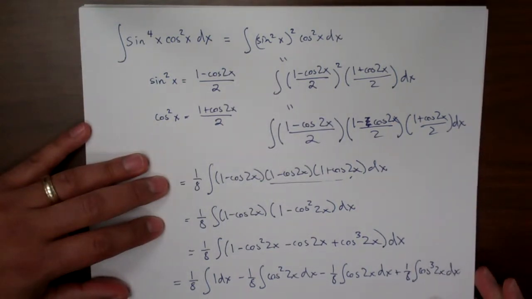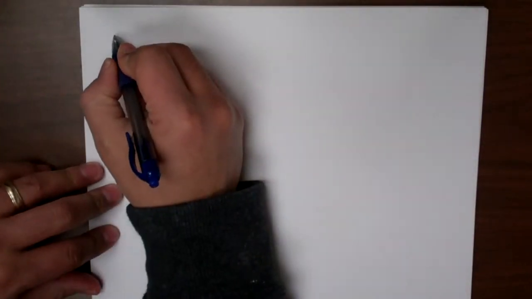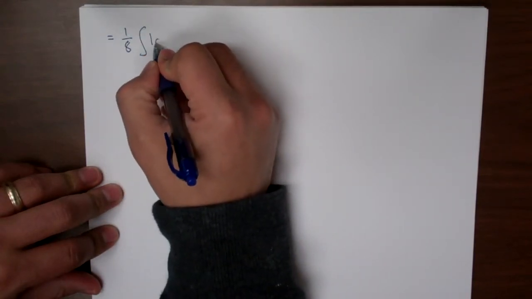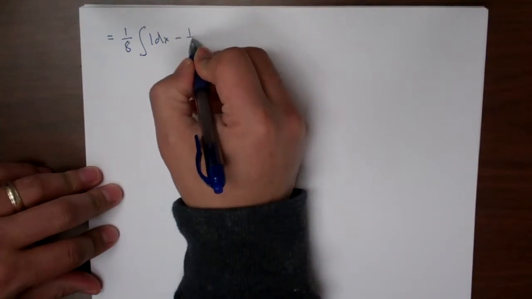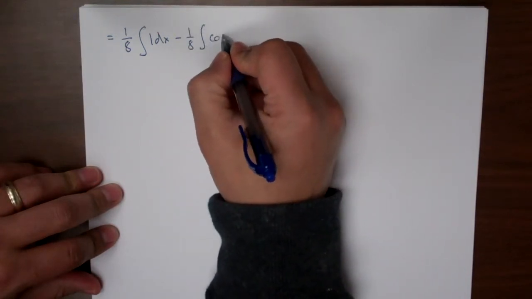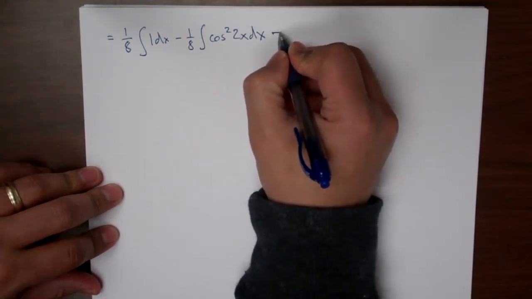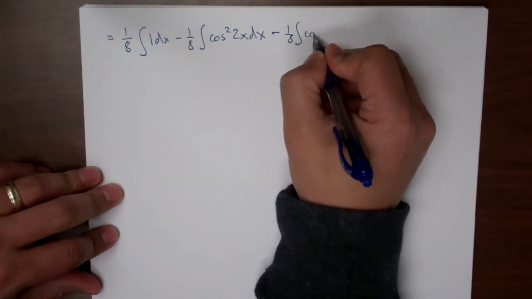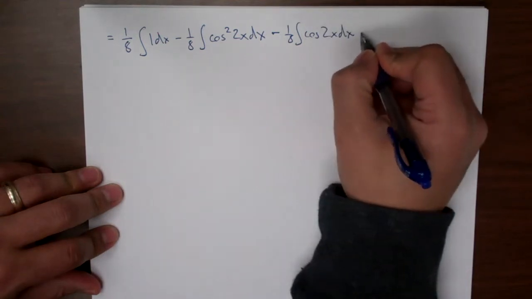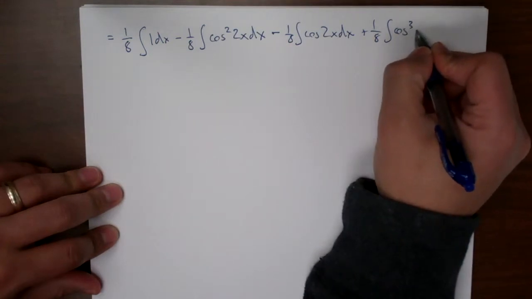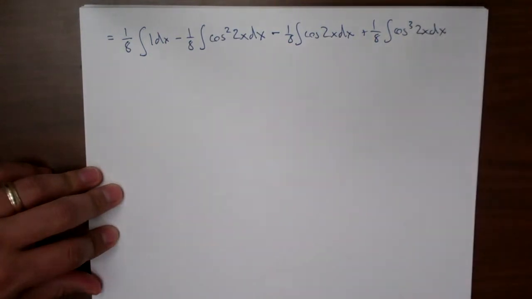Okay, let's get some more paper. Let me recopy what we have there: 1/8 the integral of 1 dx, minus 1/8 the integral of cosine squared of 2x dx, minus 1/8 the integral of cosine of 2x dx, plus 1/8 the integral of cosine cubed of 2x dx.